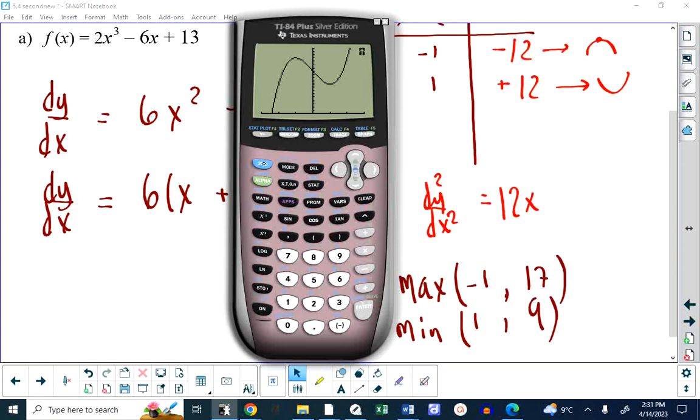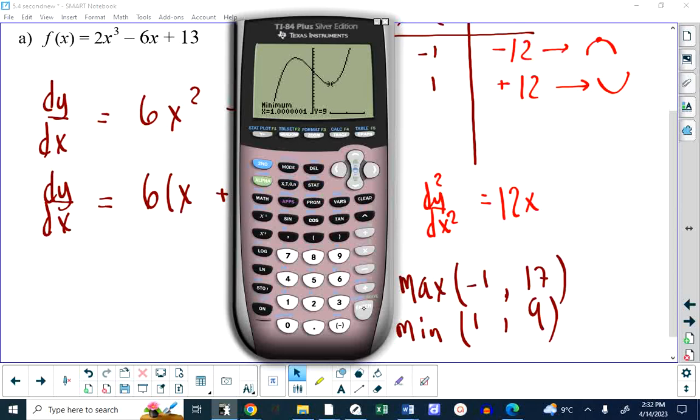So let me go to my calculate menu and choose minimum. Put my cursor to the left of that minimum I can see, put it to the right. You get 1 comma 9.